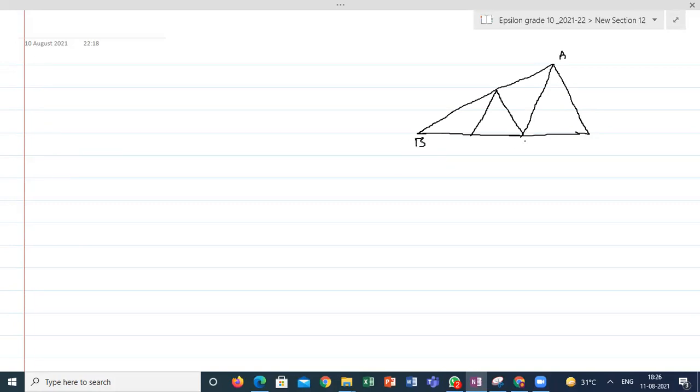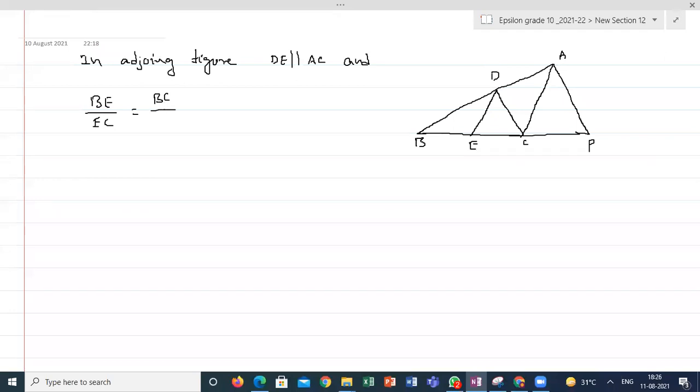A, B, C, D, E, and P. In the adjoining figure, DE is parallel to AC, and this is also given data: BE by EC is equal to BC by CP. Then prove that DC is parallel to AP.